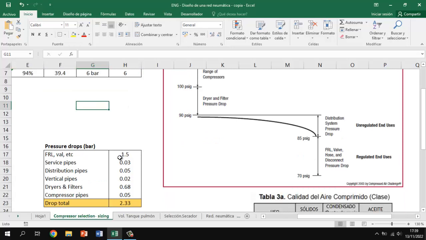And then I put these pressure drops in bar that we are gonna use for our design. These values are from here, and then other values I got from Atlas Copco that I found are typical values we are gonna see in the next weeks, but I put them here to remember and to have as extra information. So these drops we are gonna use for our design. These are some typical values. Obviously if we have less drops, it's better for us.